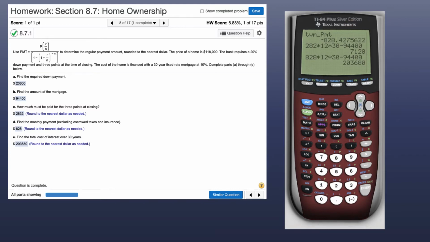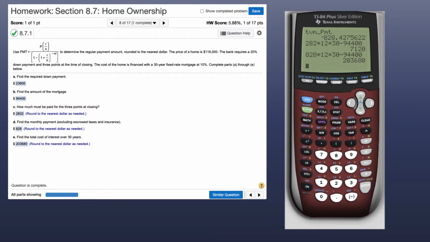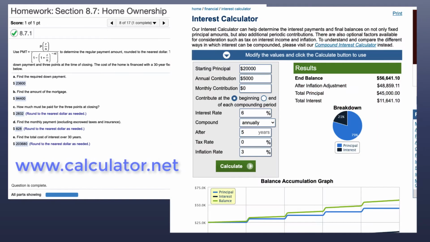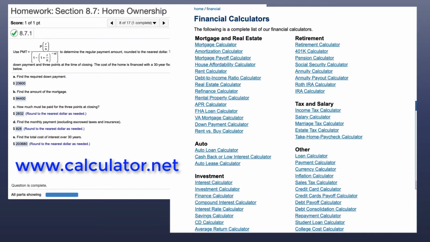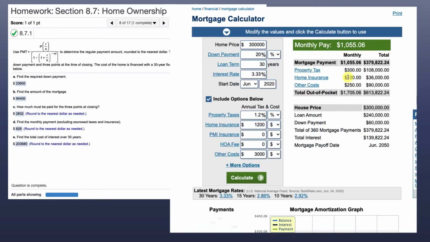All right, let's go to the website. So I'm on calculator.net on the financial calculators, and they actually have a mortgage calculator up top. A mortgage calculator is going to give you a few more options. So let's just look at that real quick.